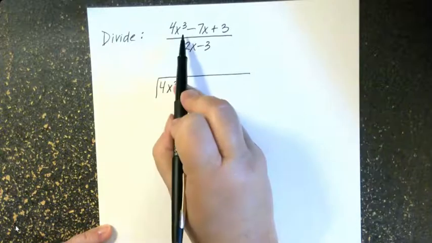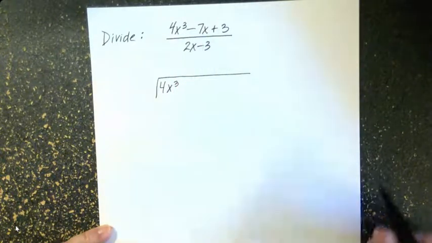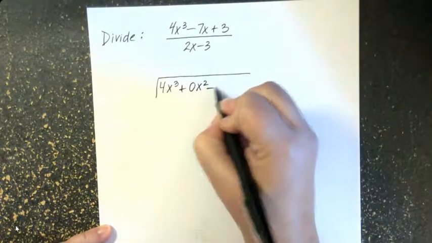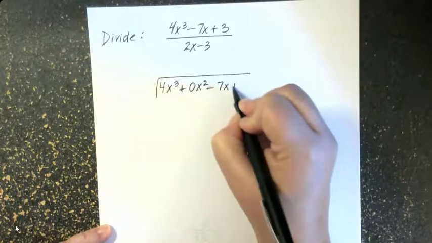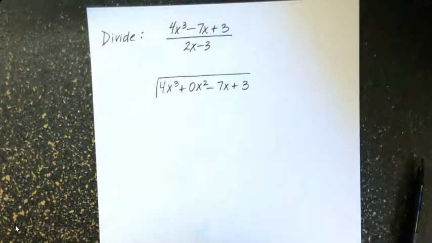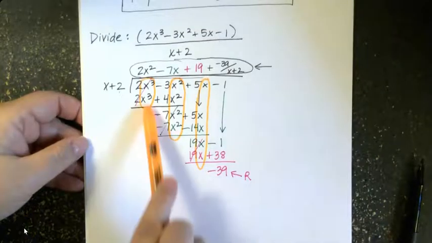So when I write this, I have to notice that I've skipped x squared. There's not an x squared term. So I write plus 0x squared. I have to literally write plus 0 times x squared in order to hold that place so that everything lines up.